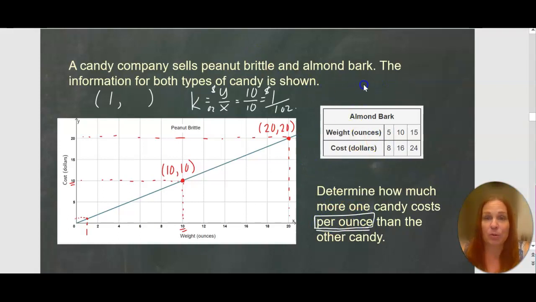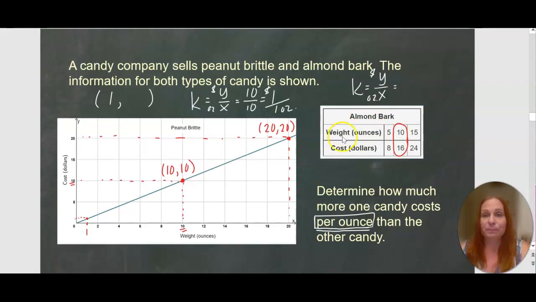For the table, we're also going to do y divided by x. Doesn't matter which point we pick, so I'm going to go with the one that's easiest to divide in my head because I can divide this pretty easily. So my y value, remember, is cost, is money, and my x value is ounces.